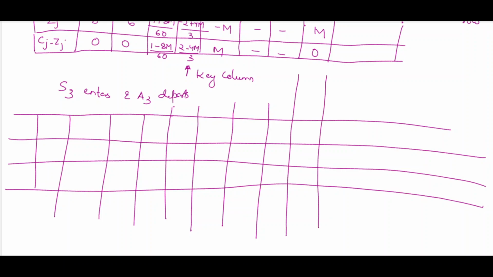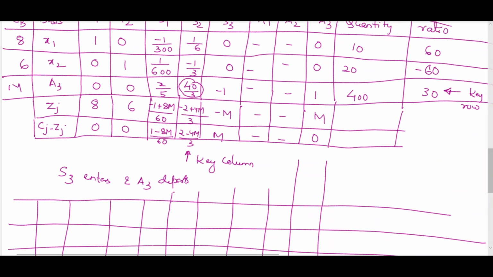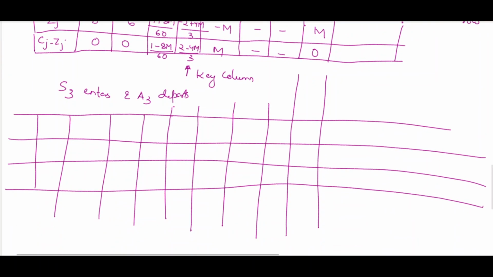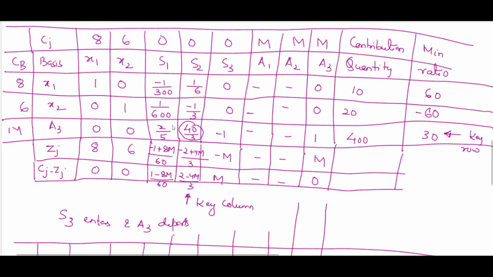First you can see that A3 departs, and instead of A3 you will enter S3. What is the coefficient of S3? You know the S1, S2, S3 coefficients are 0. Now divide the entire row by 40 by 3.